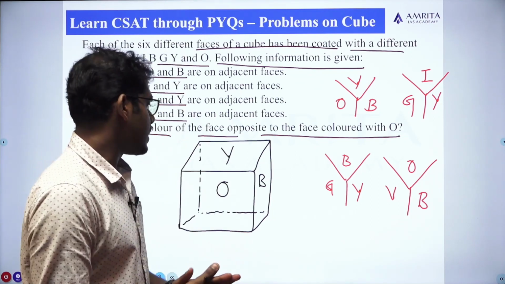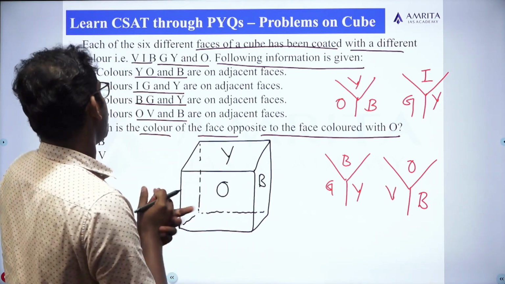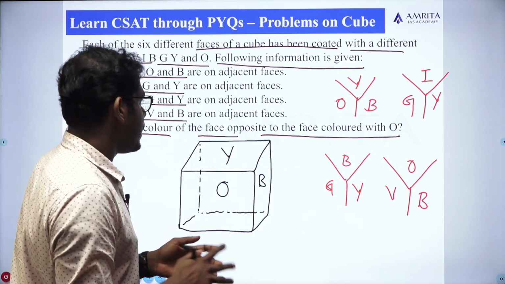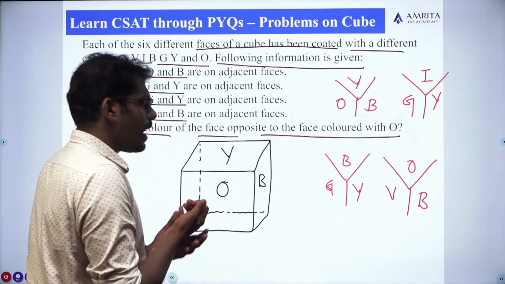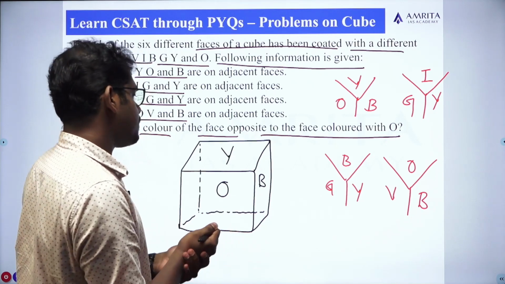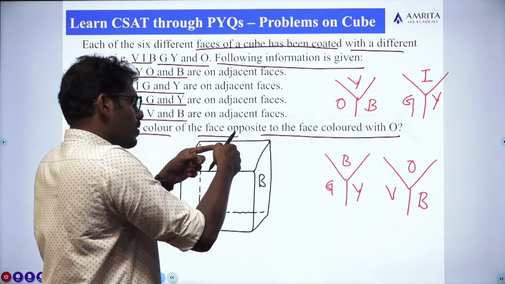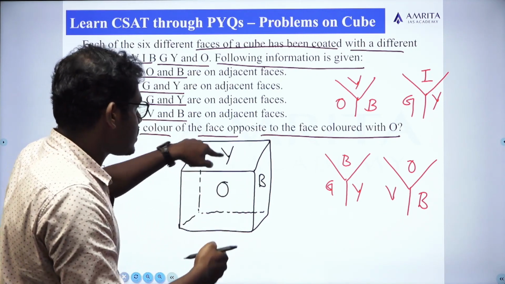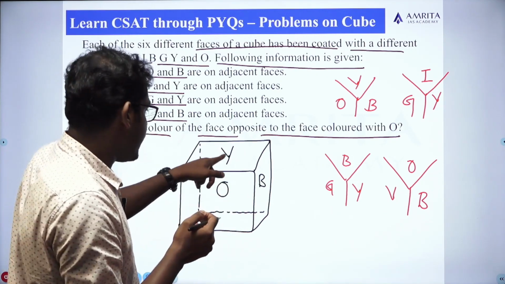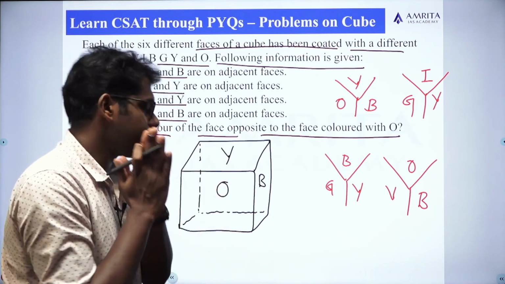So Y, O, B are adjacent faces. The second information, I, G and Y are on adjacent faces. See, understand one thing. Y is here and I, G are adjacent to Y.